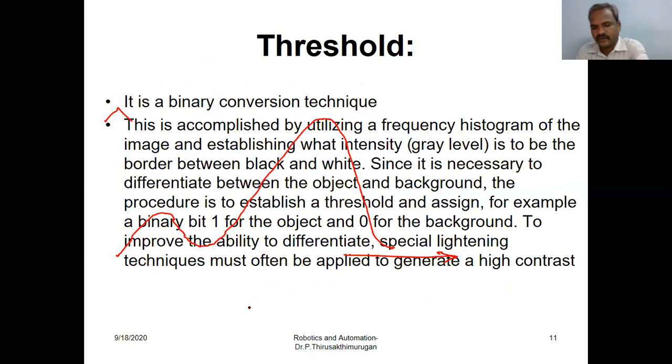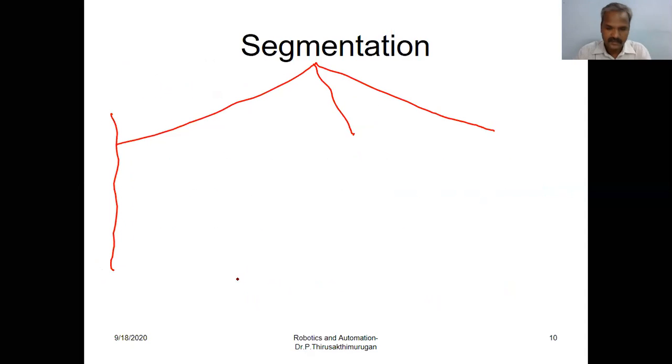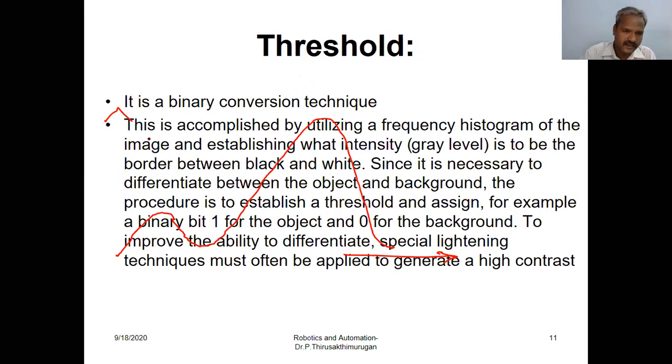Here, say this is the object image, so it gives one, one for the object image. This is for the background. In between, the valley is there. That valley is considered as the threshold. So the minimum valley value is called the threshold of the image.